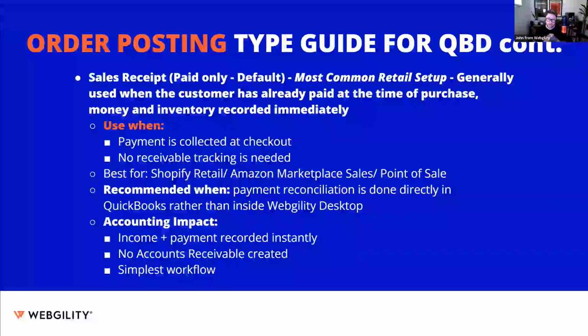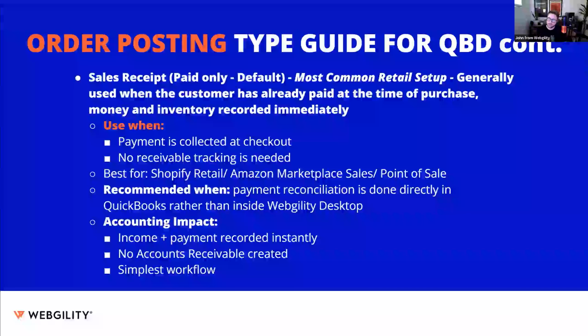If you're using Shopify Retail, Amazon Marketplace, or point of sale at a normal basic level, you don't have any complex invoice-based accounting flows set up. And it's recommended when payment reconciliation is done directly in QuickBooks. That is again the most common setup that we see.